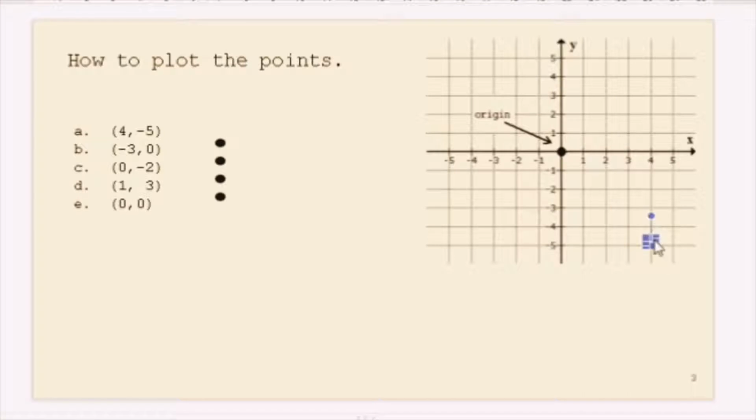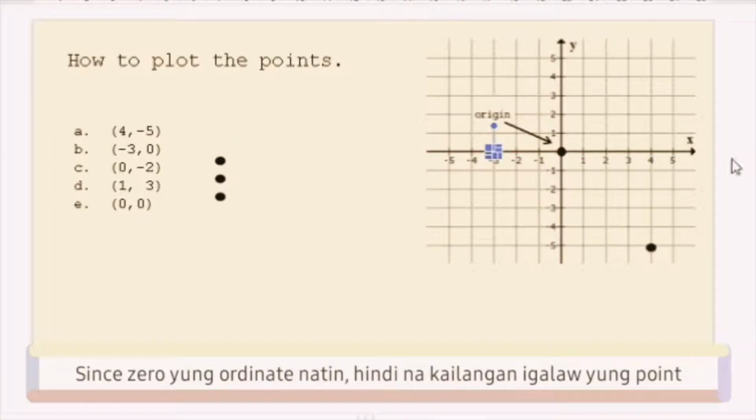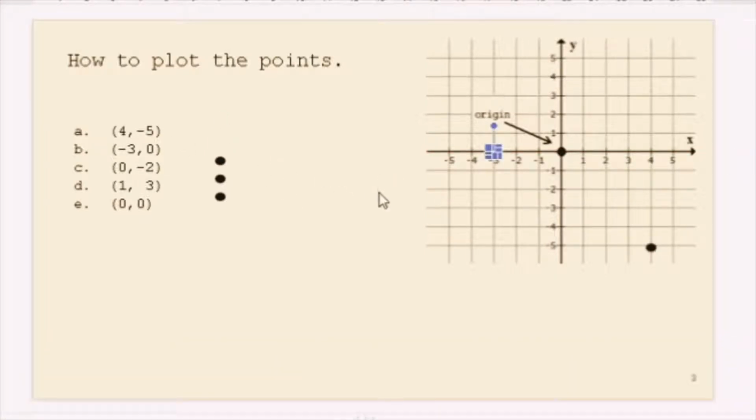So, yung point A is makikita mo siya dito. Tapos, sa point B naman, -3 and 0. So, nandito si -3 sa x-axis. Tapos, since 0 lang siya, dyan lang yung point B natin. Nasa may x-axis lang siya.